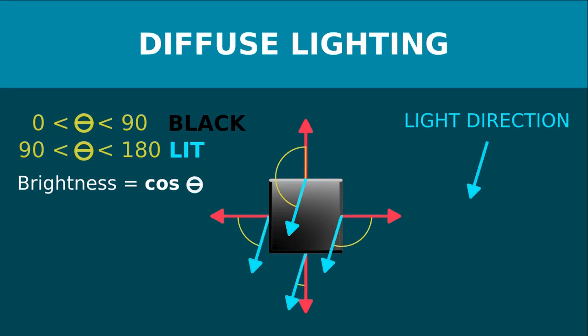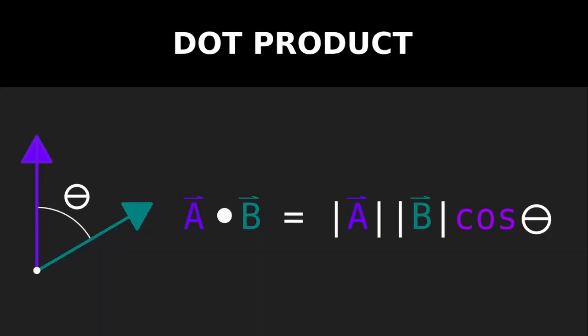So how do we get the cosine of the angle theta between two vectors? We will use something called the dot product, and the definition of a dot product is that the dot of some vector A with some vector B is equal to the length of A times the length of B times the cosine of theta.